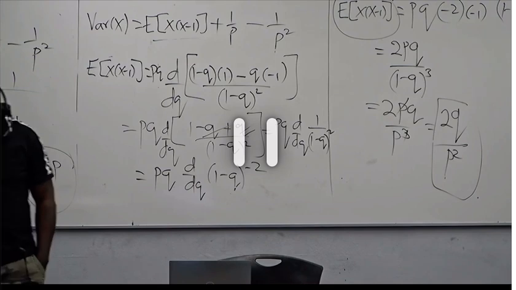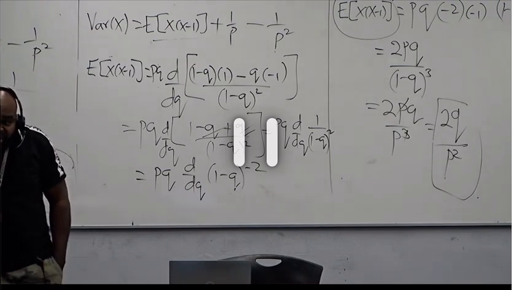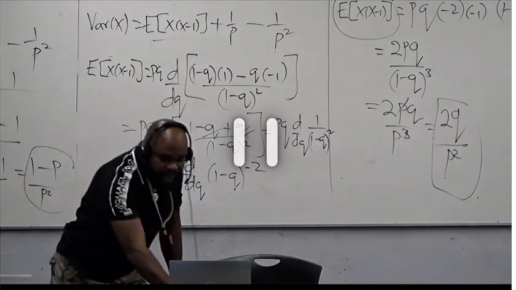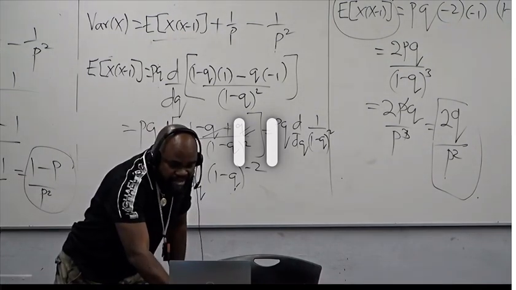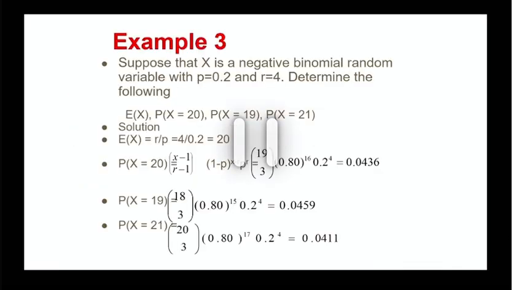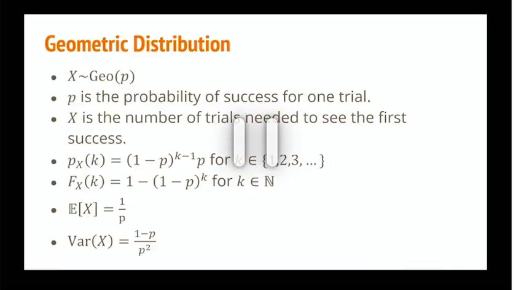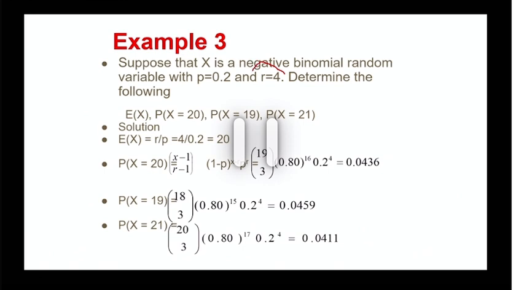If I want to count the number of successes, R in the formula represents that. R represents the number of successes. X represents the number of Bernoulli trials.